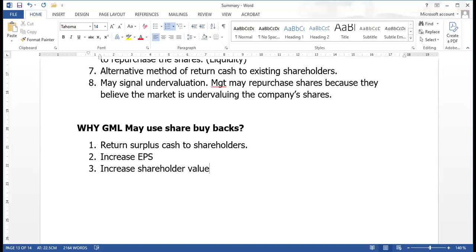You repurchasing the undervalued shares helps the remaining shareholders own a larger portion of the business, and their value as the remaining shareholders will increase. That is something you really need to know: if we repurchase, then the few that will remain, their value will increase. Okay?